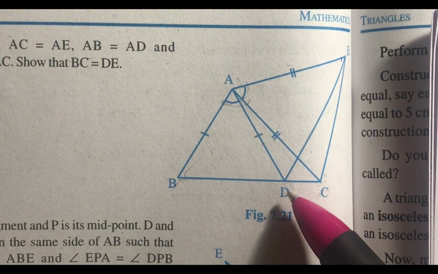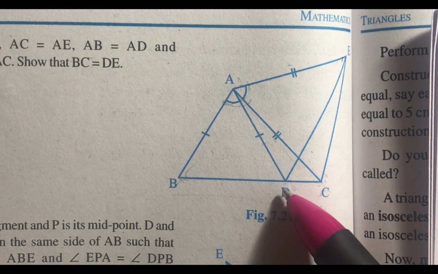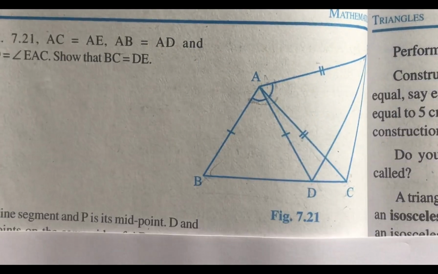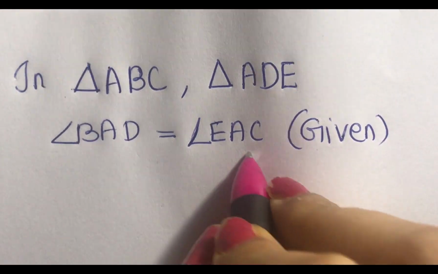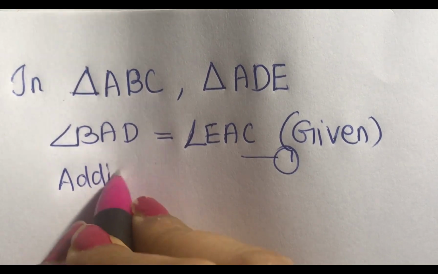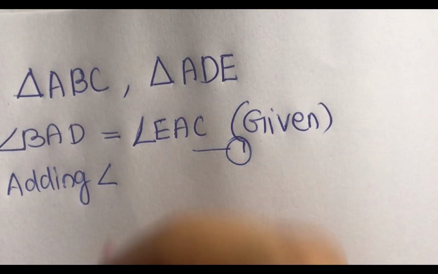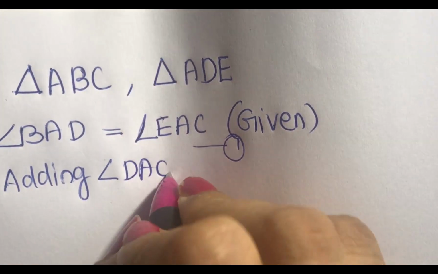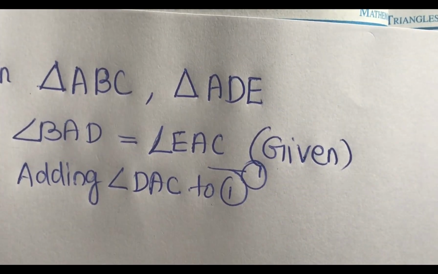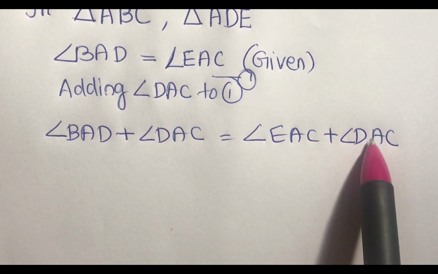Now to that equation, let's add this small angle, angle DAC. Let's say this is equation number 1. Adding angle DAC to 1: angle BAD plus angle DAC is equal to angle EAC plus angle DAC.